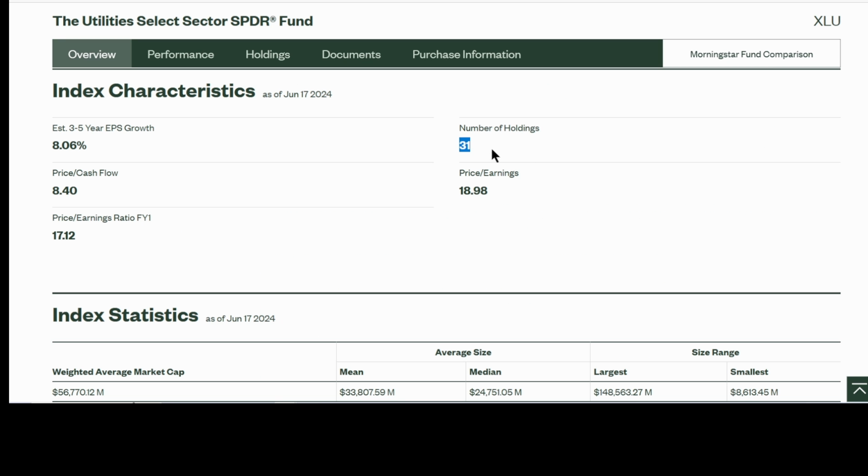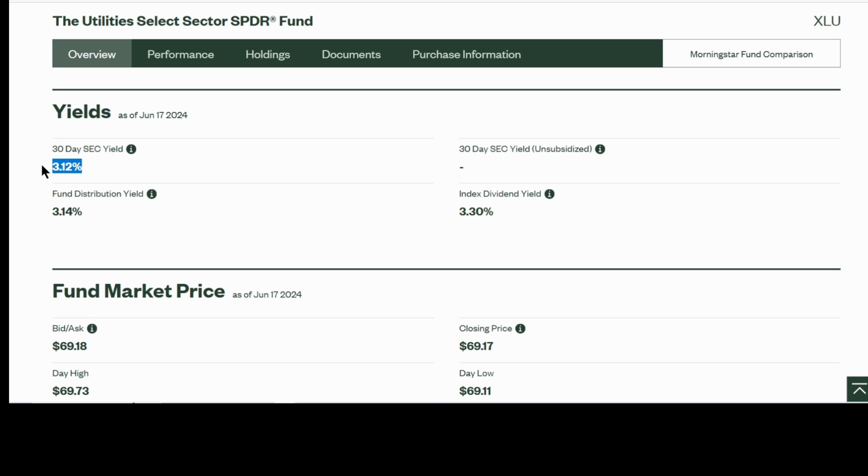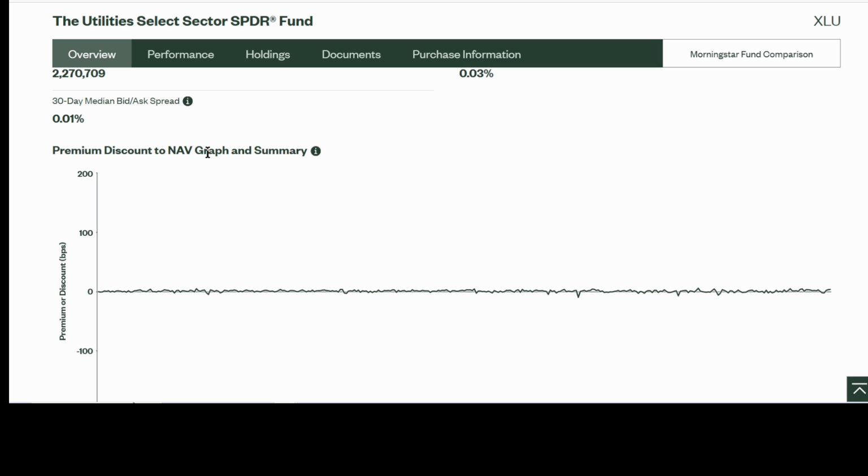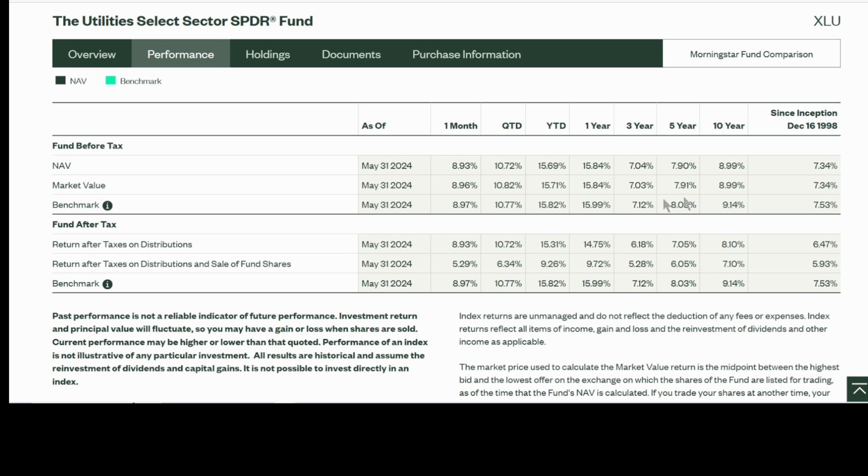It just holds 31 holdings, 30-day SEC yield 3.12. And this is the graph of the premium and discount to NAV. As you see, it's always very, very low. I mean, it doesn't really get out of whack much. And here's the thing. According to the benchmark, the 10-year benchmark is 9.14.